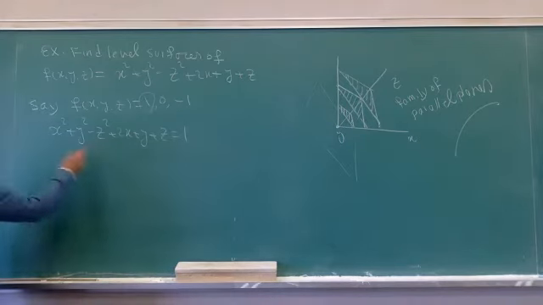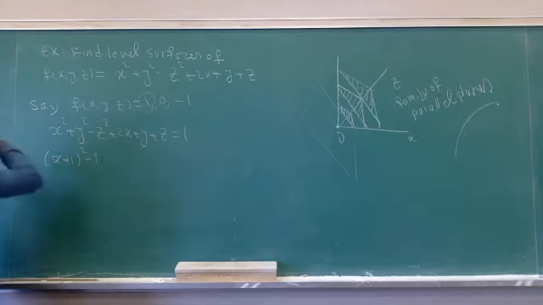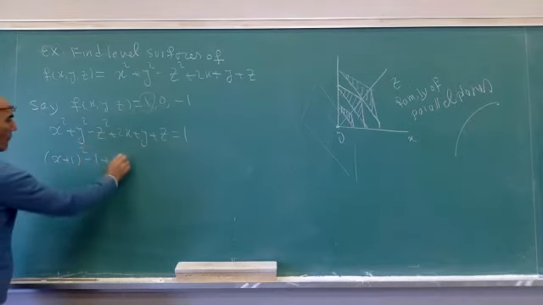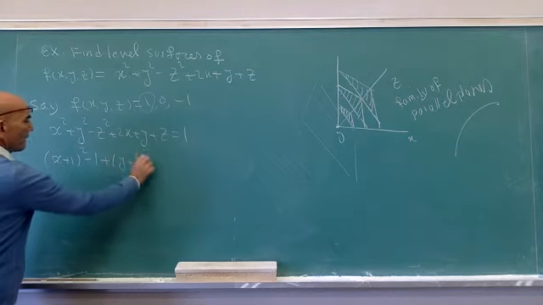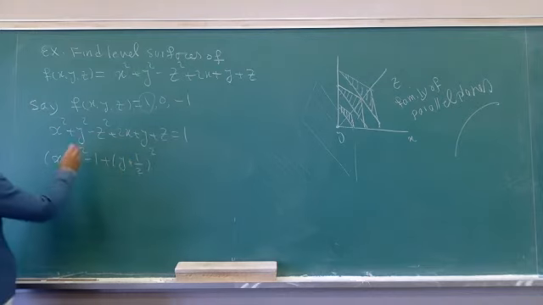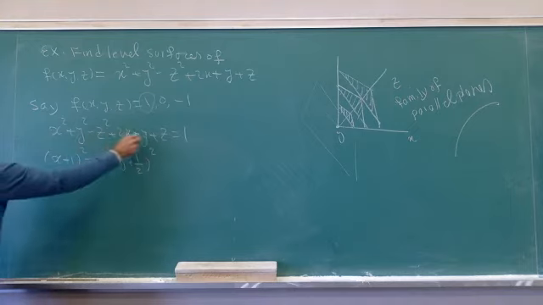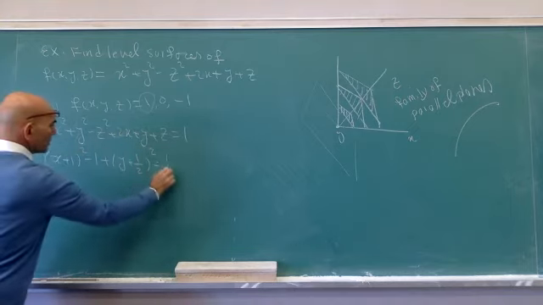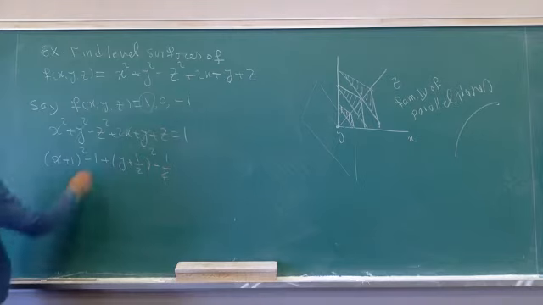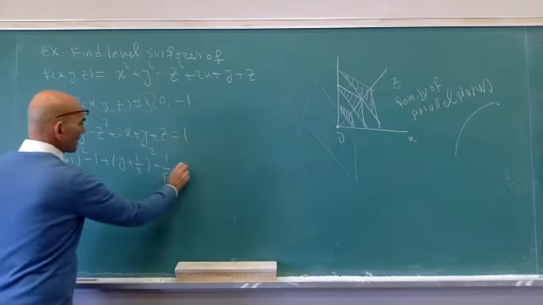Now, complete the square as was suggested. So we've got x plus 1 squared, and then this is minus 1. Then we have plus y plus half squared, and this is going to be minus a quarter. And then there is minus z².